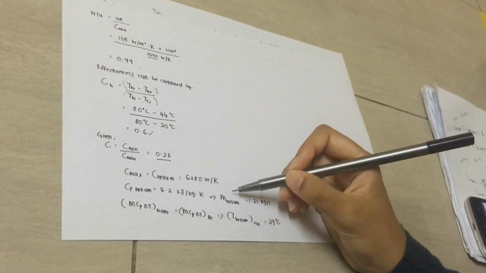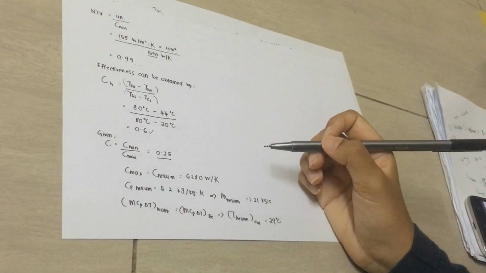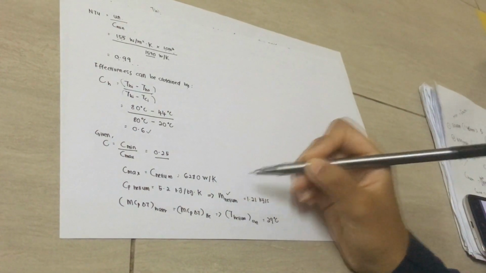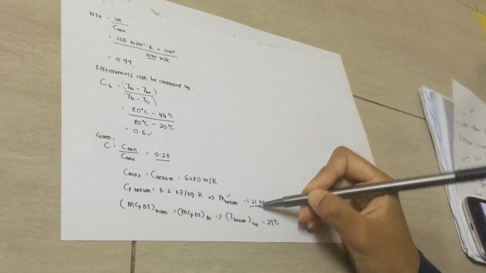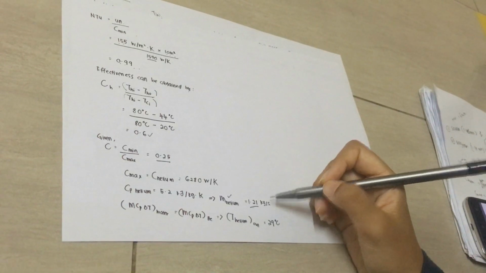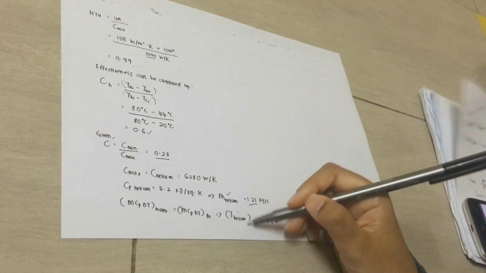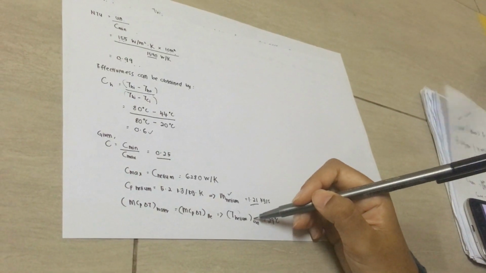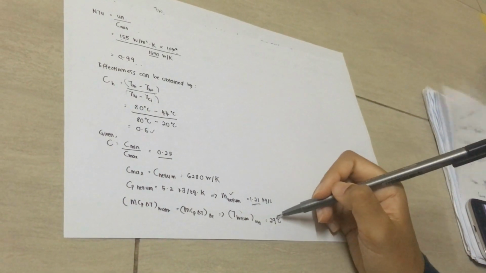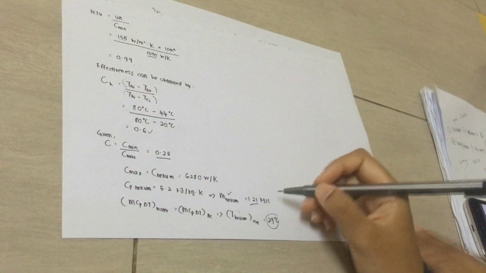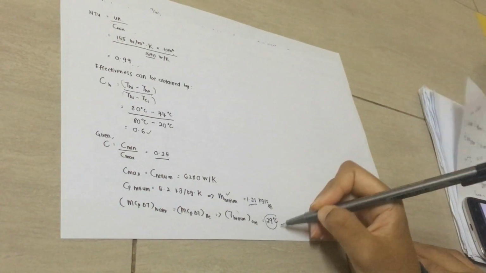So we can get the mass flow rate for the helium, which is 1.21 kg per second. Then we also can get the T helium out, which is 29 degrees Celsius. So this is the final answer.